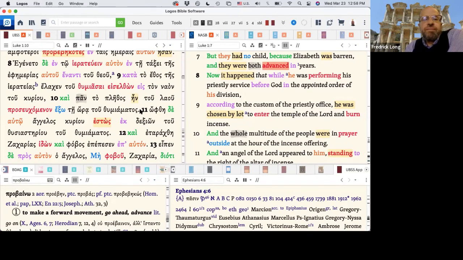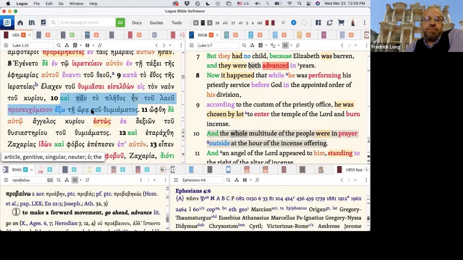When I go to translate it and make it make sense in English, it's like the whole of the multitude of the people were praying outside at the hour of the incense burning. So we know that the subject is the whole of the multitude of the people, but the verb breaks that up. So is the kai pan to plethos left dislocated?